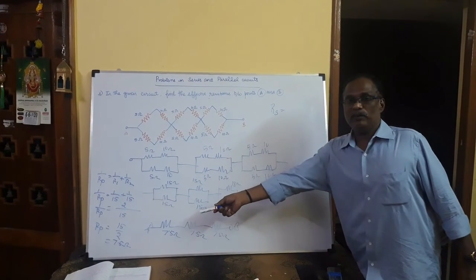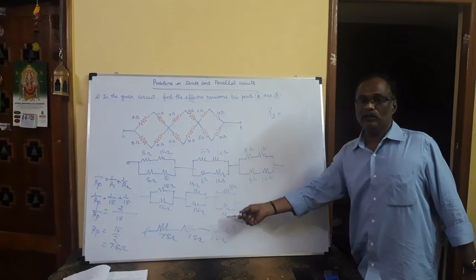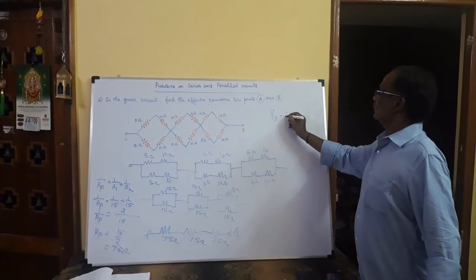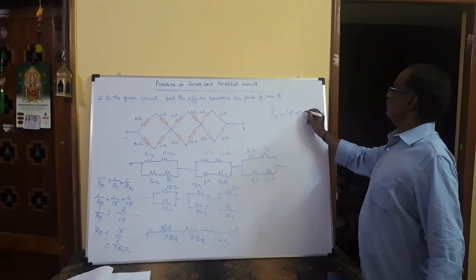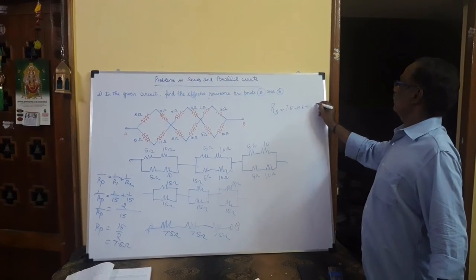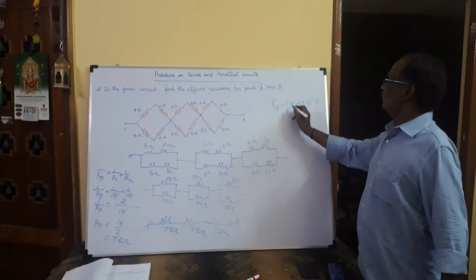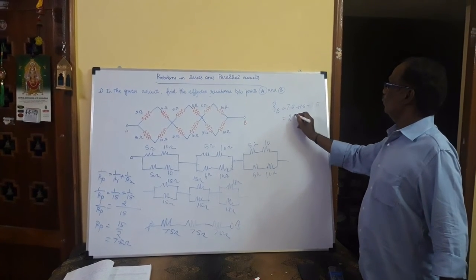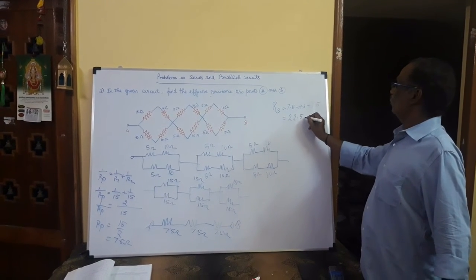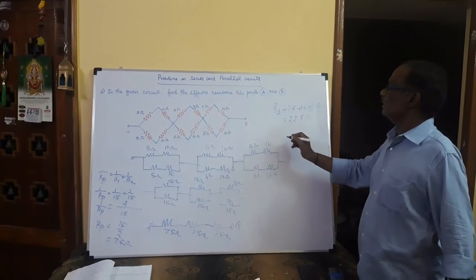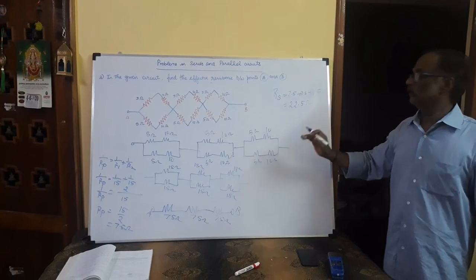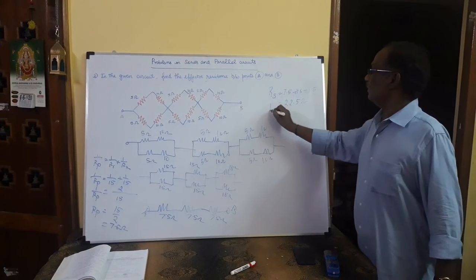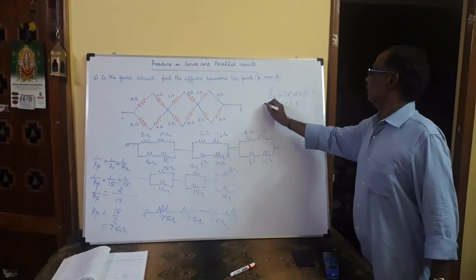So the first value is 7.5, second value is 7.5, third value is 7.5. So 7.5 plus 7.5 plus 7.5. What is its value? 22.5 ohms. This is the total resistance of this circuit, right? This is our final value.